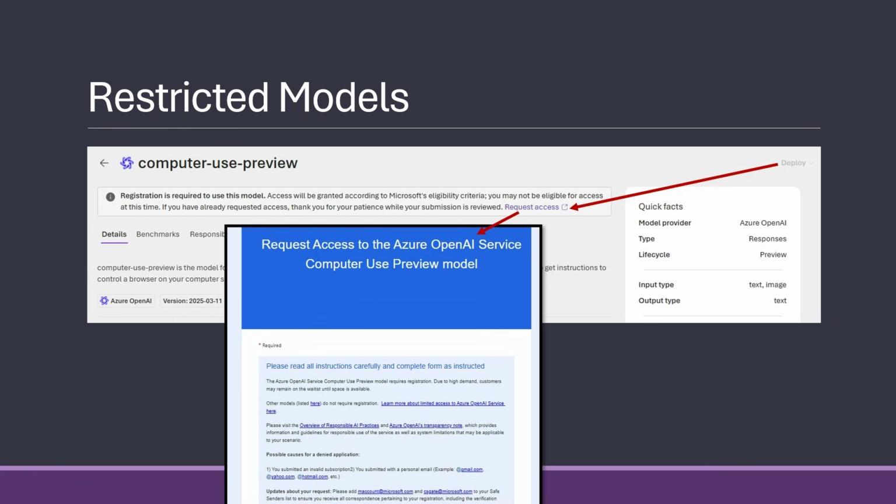So some of them are behind a request access. And when you press request access, you are taken to a website where you fill out a form. You need to fill out your address details, your subscription ID, and why you need access to the model, and so on.